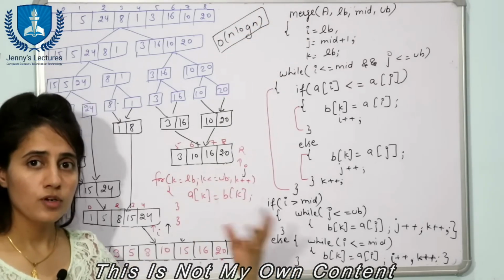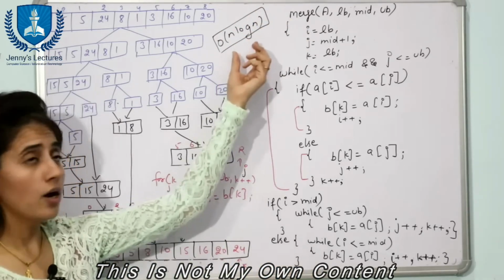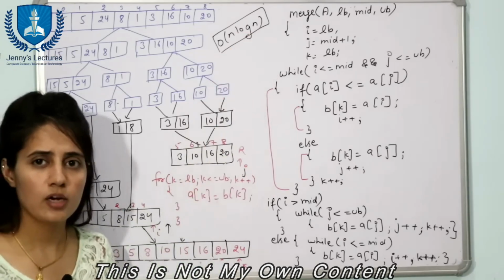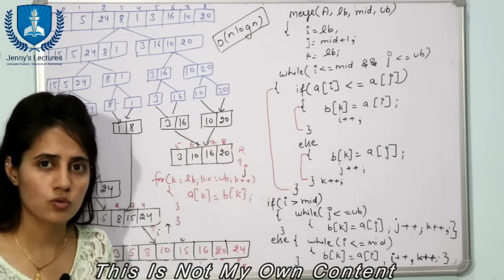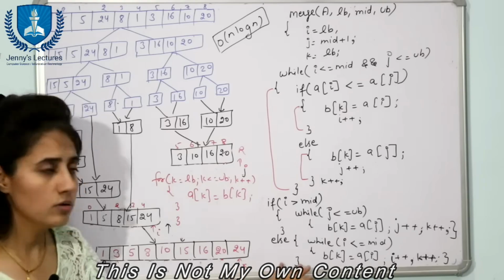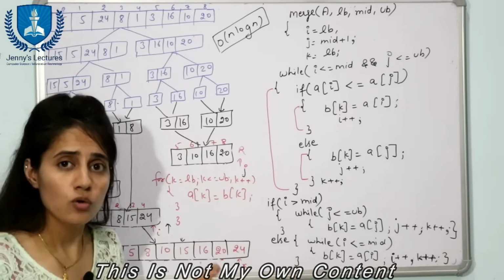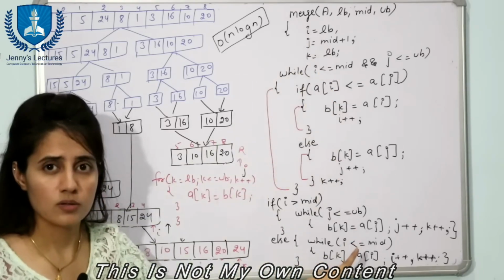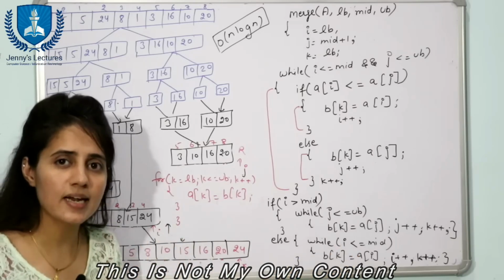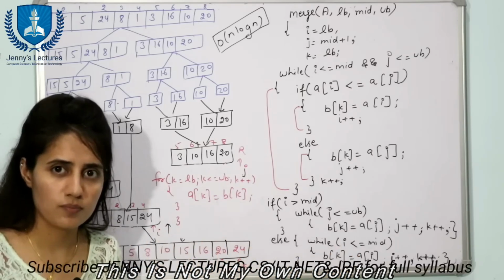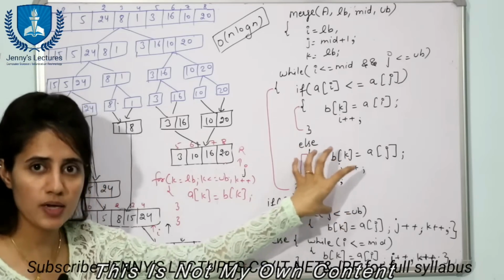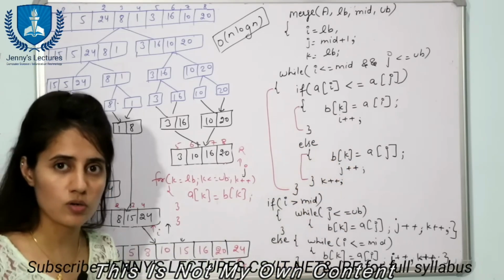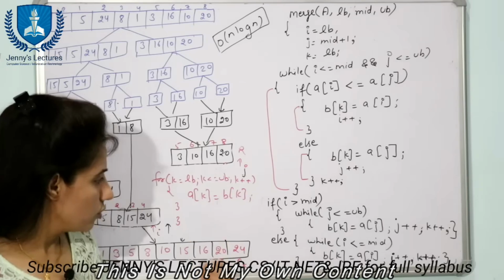I will make another video on how this time complexity is order of n log n, in both quicksort and merge sort. So this is all about the merge sort algorithm. If you know the logic of this merge function, then you can easily write the code for merge sort. This is the main backbone of the merge sort algorithm. Fine. So this is all about merge sort.